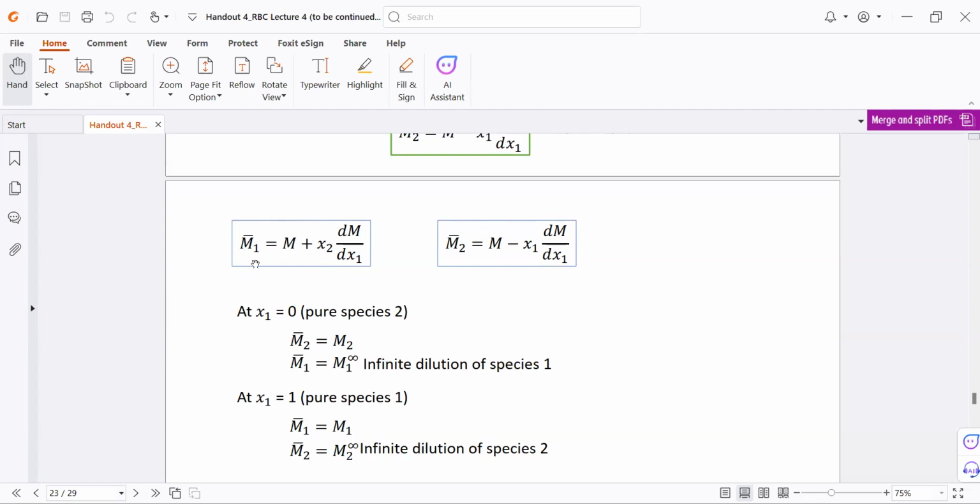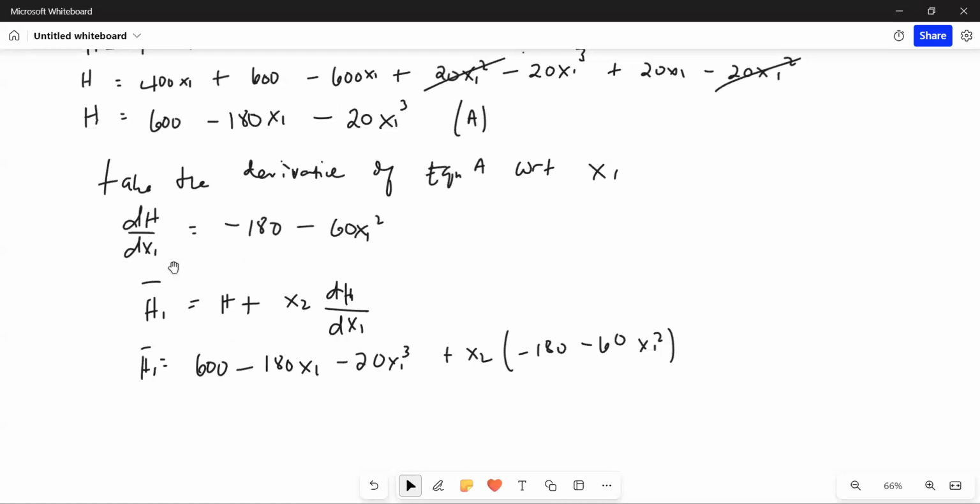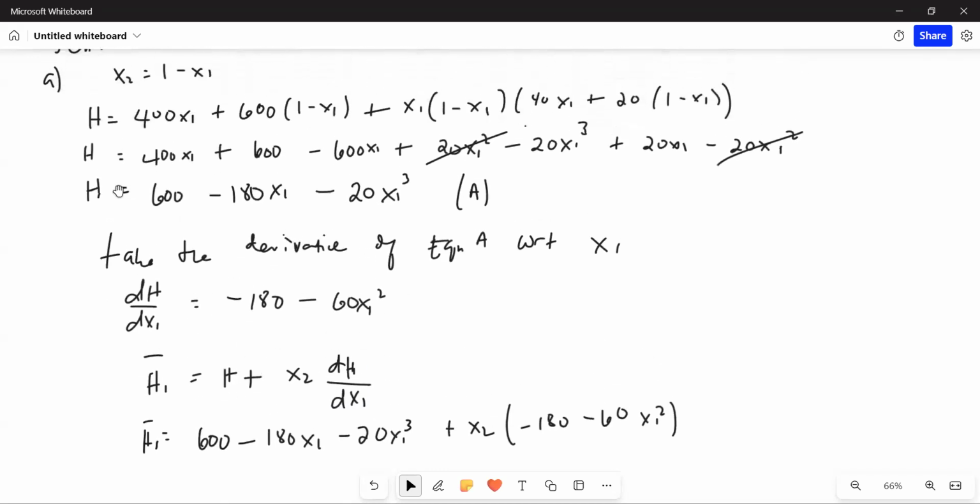The property M can be any property like H or V, etc. For our purposes, we replace it with H here. So this is already that equation in terms of H. Now, we have a term here, H and also dH over dx1. We can now replace H with equation A, and dH over dx1 we replace by the derivative that we obtained.